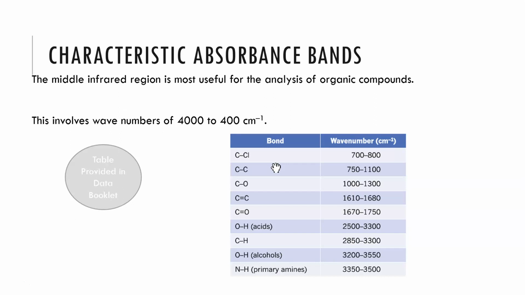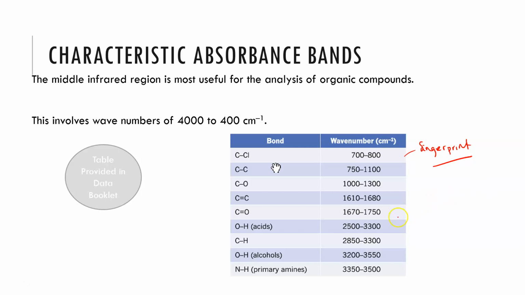The characteristic absorption bands are listed in your data booklet, and these are the key ones that we will look for when interpreting. Things like the C-Cl, you'll notice this is in the fingerprint region and will usually be labeled if it is expected for you to be able to see this or pay attention to it.